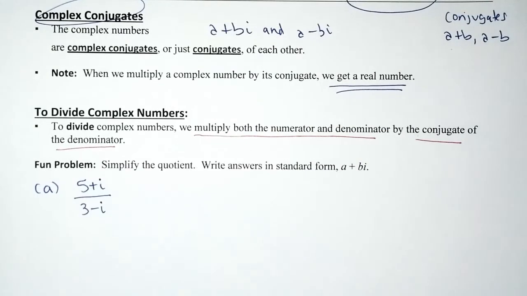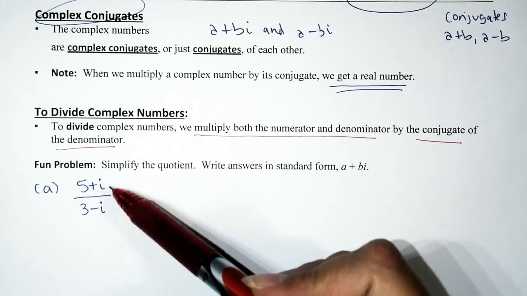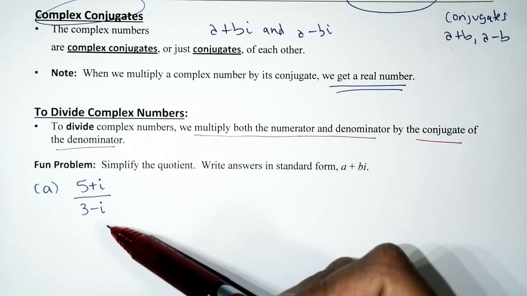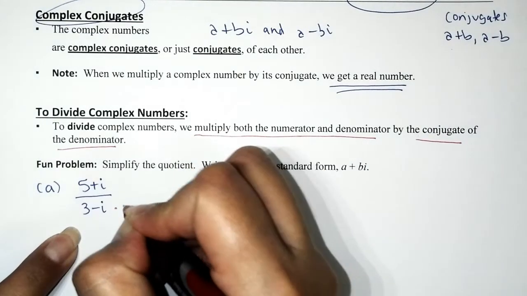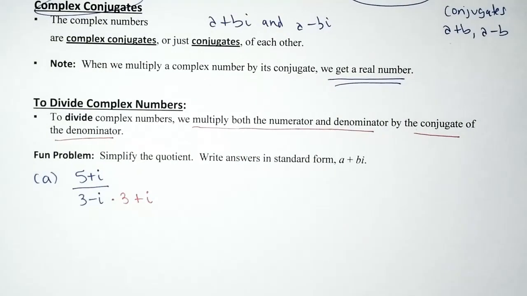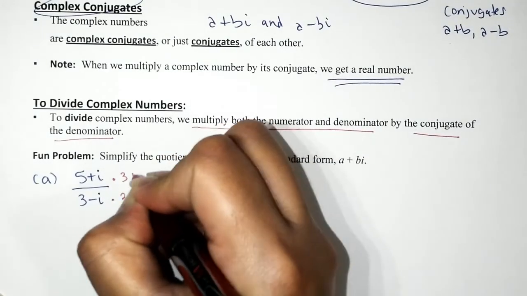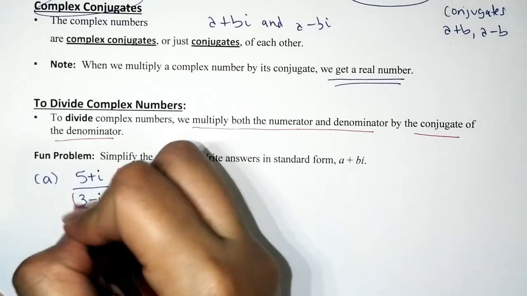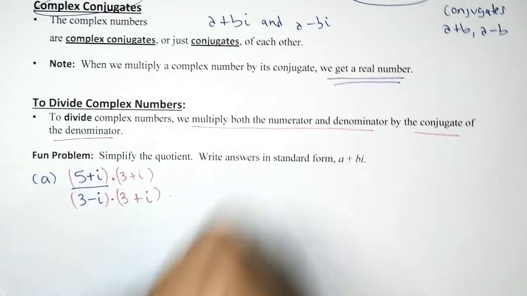It's similar to when we were rationalizing the denominator. We want to make the denominator a real number. So I gotta multiply by the conjugate of the bottom. Conjugate, copy opposite. We want good notation, so let's make sure we wrap up each two-term expression in parentheses, including the originals in the numerator and denominator.